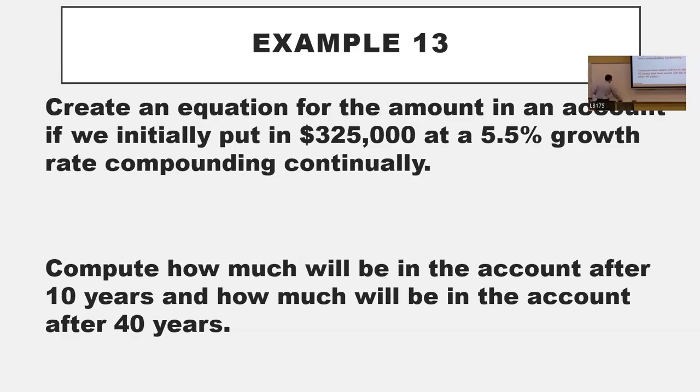And since we're compounding continually, we'll use e as our base. A equals P times e raised to the rt power. In this case, we're putting in initially 325,000. Our rate is 5.5%. As the decimal, that's 0.055.